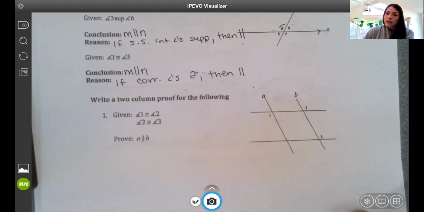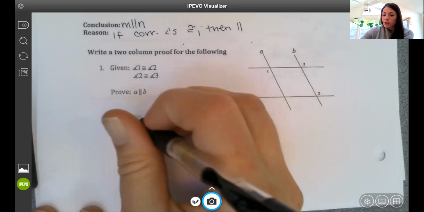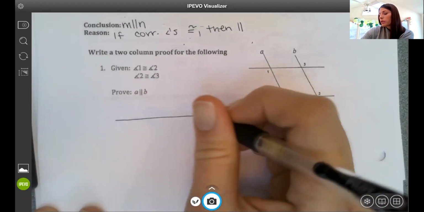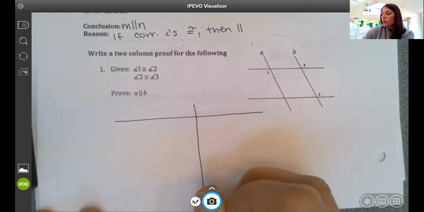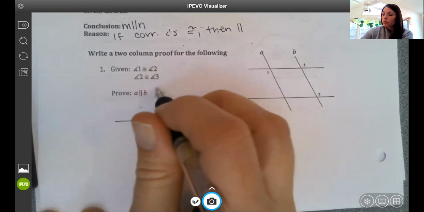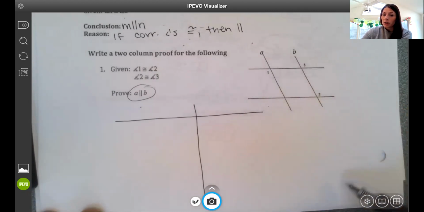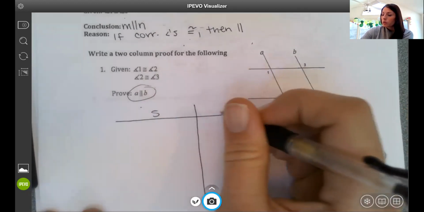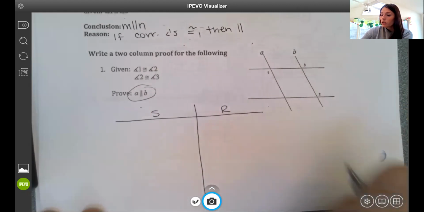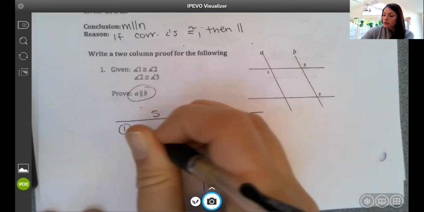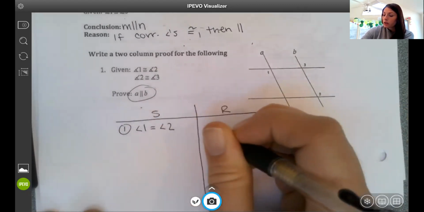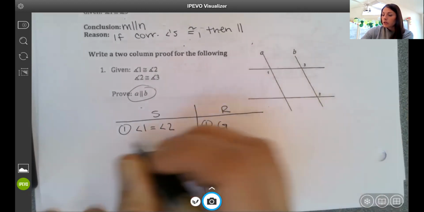So now let's use these if-thens in a very short 4-step proof here, where we're given some things and we want to prove that these lines are parallel. So we don't know that A and B are parallel right now, but we're going to prove that they are. So same as last unit, start with our given. So angle 1 equals angle 2, given.